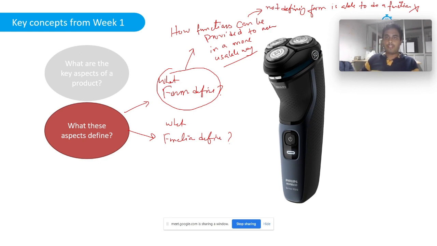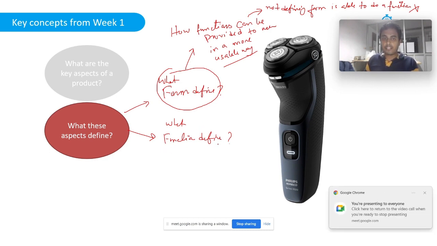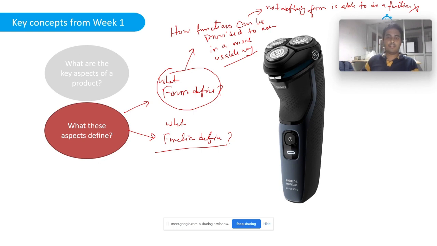Okay, anyway, so what I'm trying to define here is that form enables how functions can be provided to the user in a more usable way. And what function defines is, okay, again someone is joining. Let's wait.